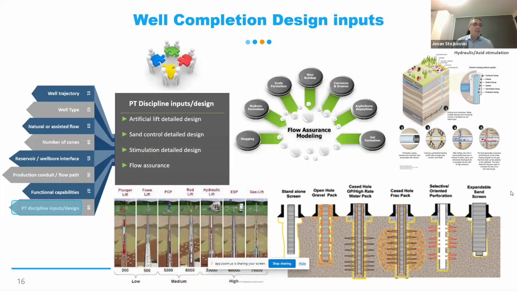Production technology discipline inputs. As I said, the completion engineer is not someone who will design everything. He is in charge of the tubing design, completion tools design, packer design. But when we come to the production technology discipline inputs, I really have a good collaboration with my colleagues, and I really like their expertise, which can shape my final decision. Because you discuss with them, you see where this well is going to be, and then you adjust your completion for that.